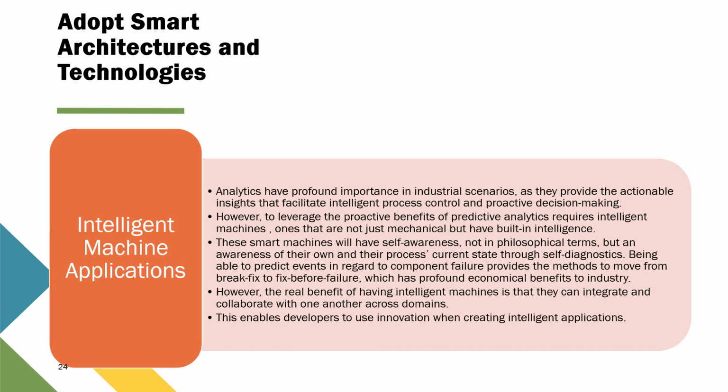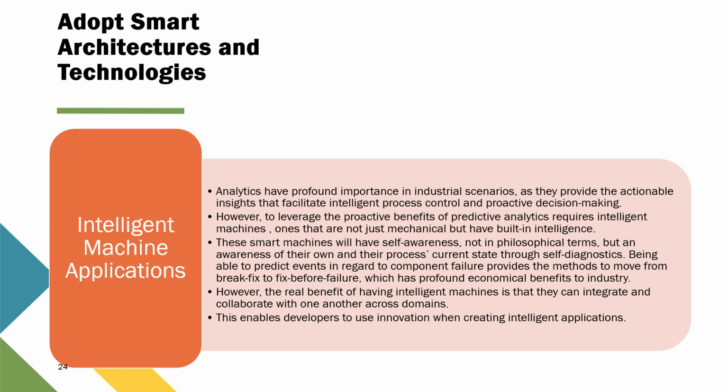The next one, we not only need the industrial analytics, we will also need intelligent machine application to make sure that we get the optimum result from this, what we call IIoT. Analytics have profound importance in the industrial scenario, as they provide actionable insight that facilitates intelligent process control and proactive decision making.